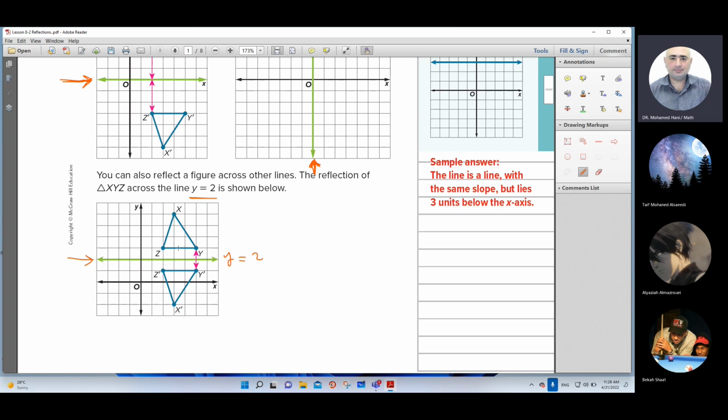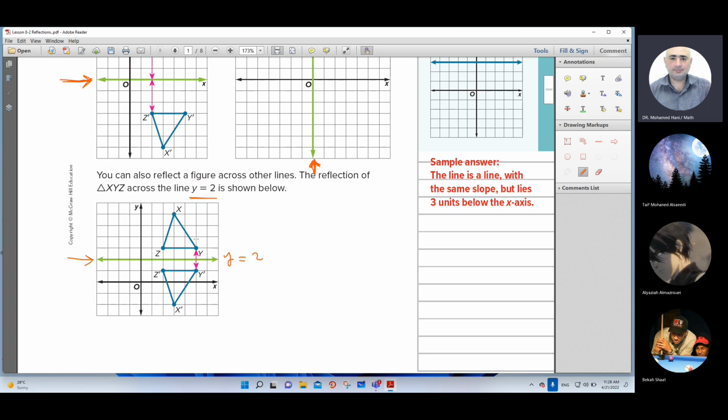As you see, we have the same figure. This triangle is congruent with this triangle. What is the meaning of congruent? It means the same measure of the corresponding angles and the same length of the corresponding sides.